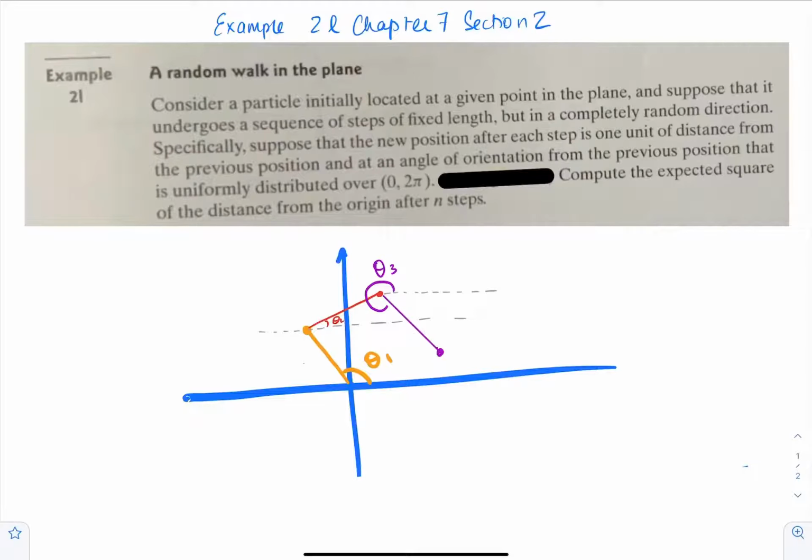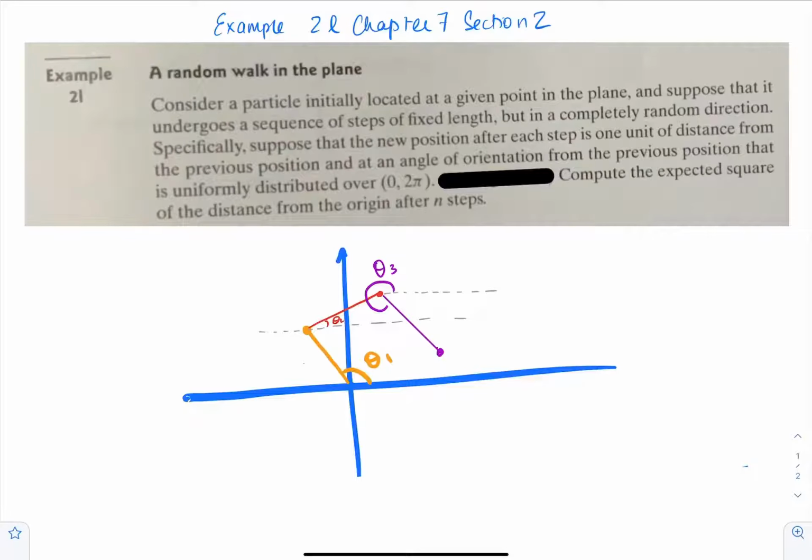Okay, so in this example, what we're going to look at is something called a random walk in the plane. Let me just quickly read the example first. Consider a particle initially located at a given point in the plane and suppose that it undergoes a sequence of steps of fixed length, but in a completely random direction.